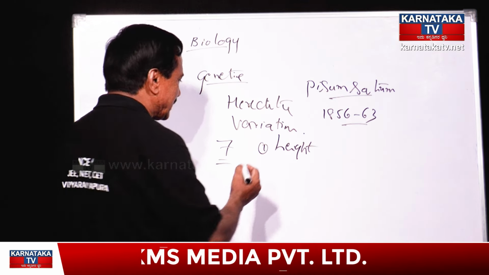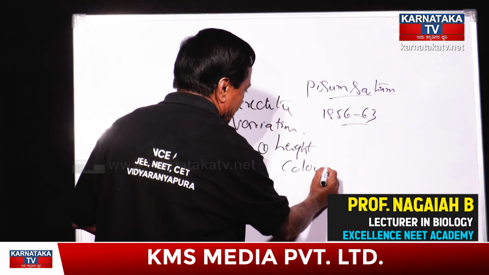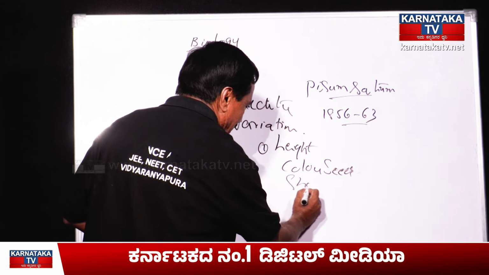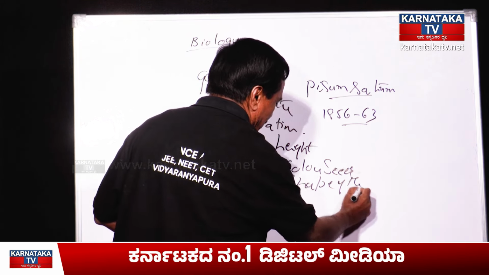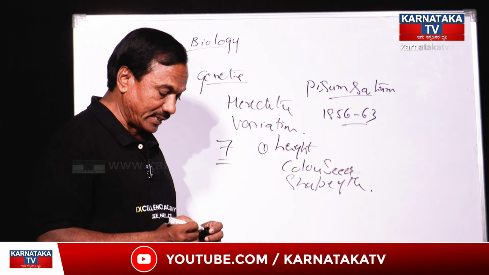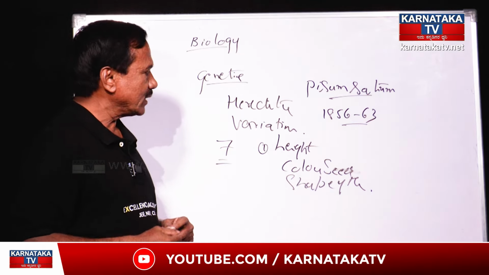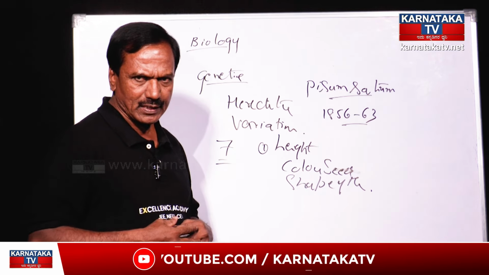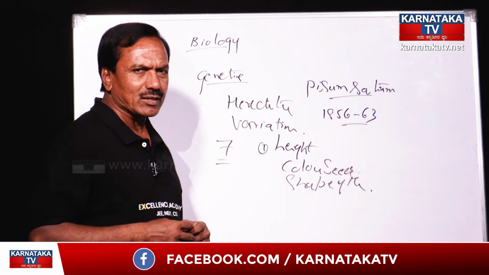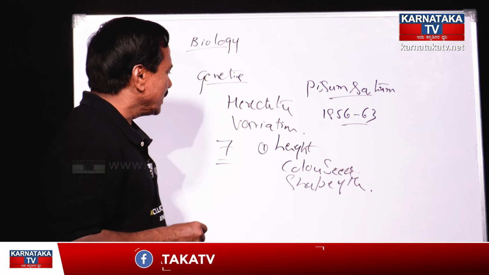Then he studied the color of the seed, shape of the seed, color of the pod, shape of the pod, like that, color of the flower and position of the flower. These are the 7 characters studied by Gregor Mendel, right?